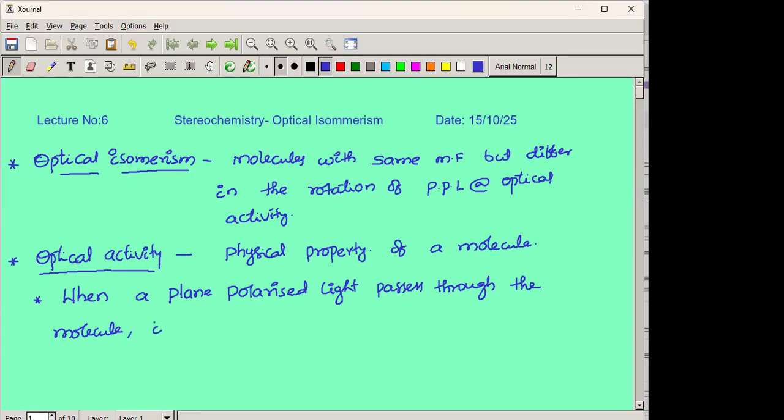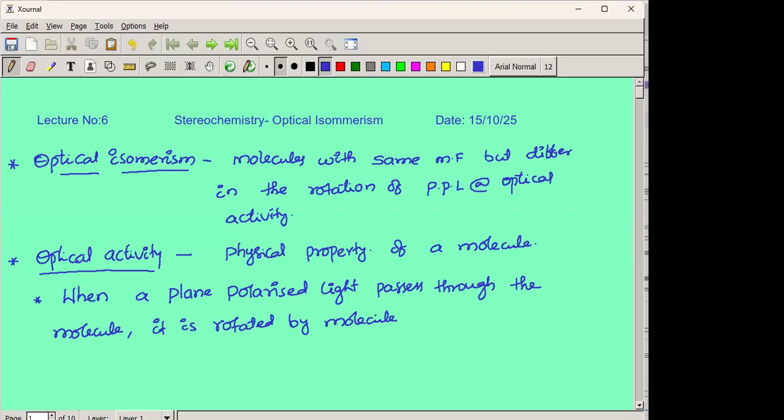the plane polarized light is rotated by the molecule. That means the molecule is capable of rotating the plane polarized light. If a molecule is capable of rotating plane polarized light, it is called an optically active molecule. Otherwise, it is an optically inactive molecule.